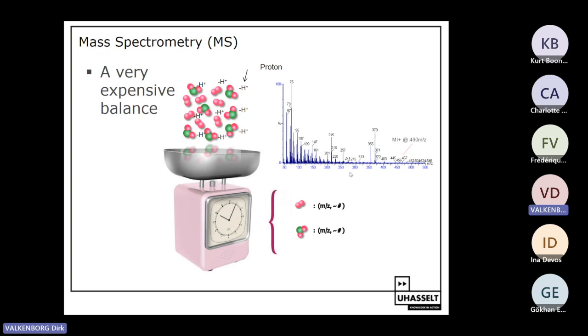So what you should remember is that if a molecule has a single charge, it can have 2 charges or 3 charges, but when it has a single charge, then you can read from this axis the mass in Daltons, with the subtraction of the mass of a proton from the mass that you measure. The mass of a proton is also 1 Dalton, that's 1/12 of a 12C carbon atom. Okay, so I move to my next slide.